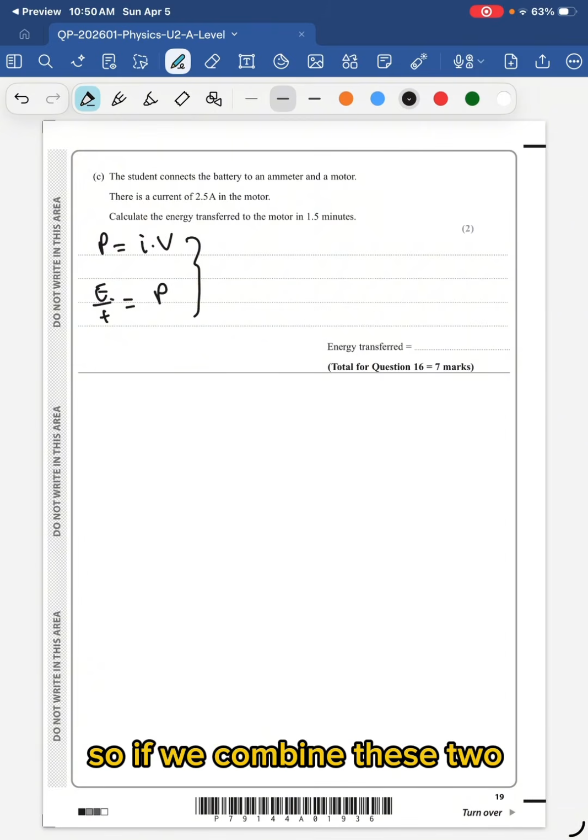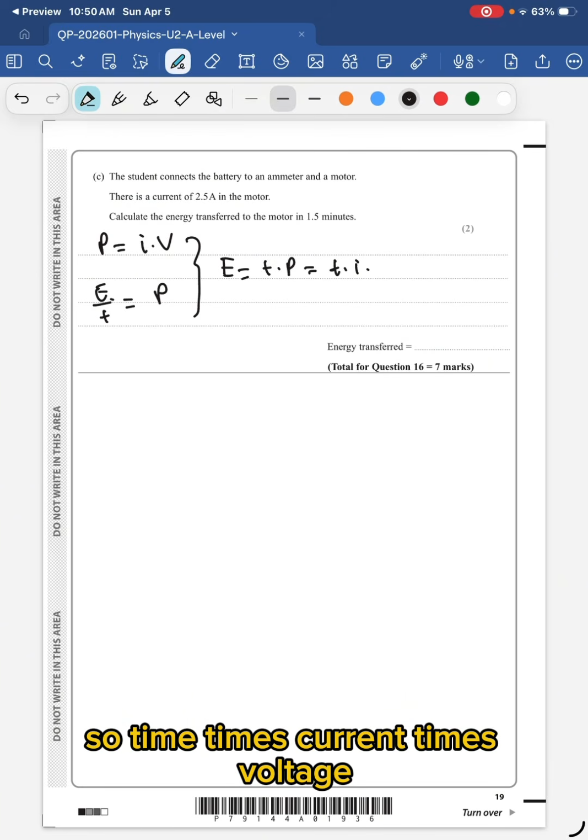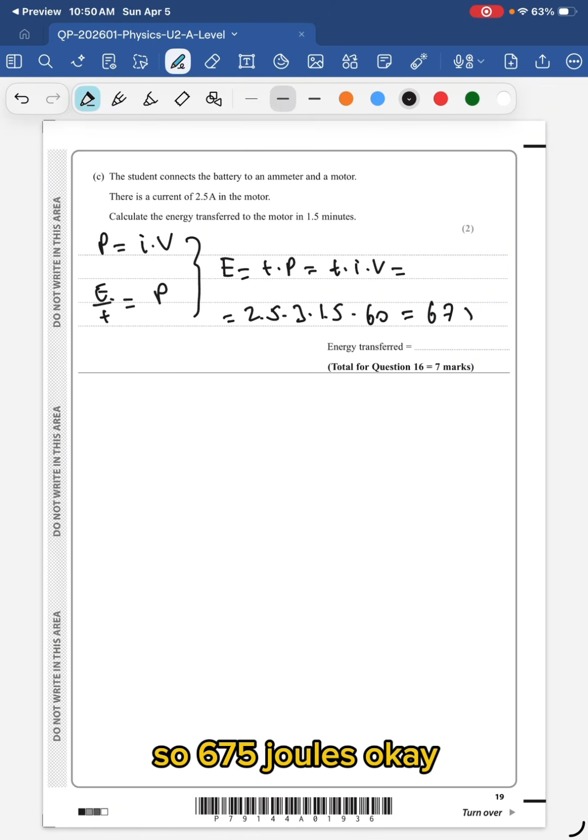So if we combine these two, we find that energy is time times power, so time times current times voltage, so 2.5 times 3 times 1.5 minutes times 60 seconds in a minute, so 675 joules. Okay, that's the energy transfer.